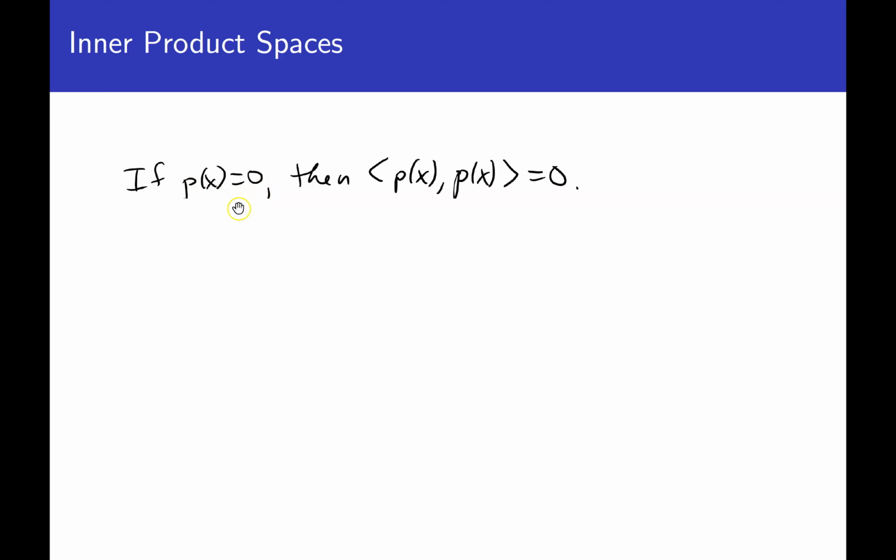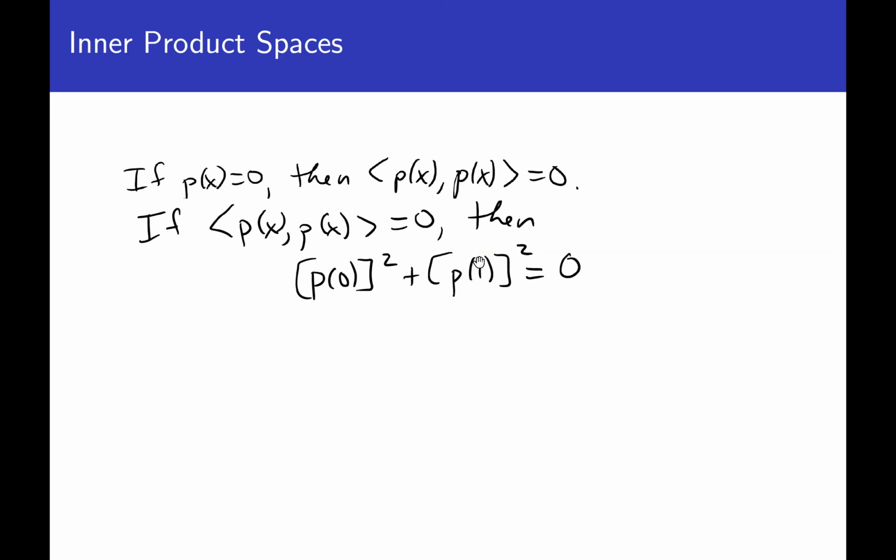All right, now doing the if and only if. If we start with the 0 polynomial, which is the 0 vector in P1, then when I take the inner product with itself, I get 0 because p of 0 and p of 1 are both 0. Go the other way. If the inner product is 0, then the sum of the squares of the components is 0. Again, we're adding two real numbers, and neither of them can be negative.